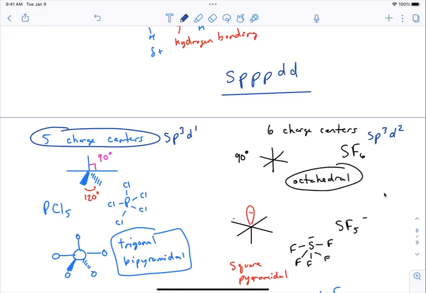Oh, no. Don't put the Cl's into every single individual orbital. Like I never told you to do that. Okay, here's the thing.